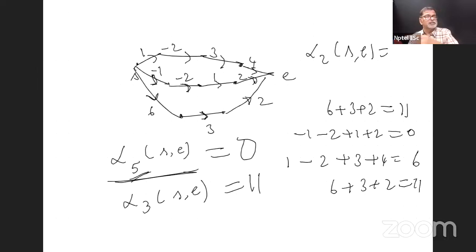Therefore, this is going to be set to infinity, because there is no path consisting of 2 edges or fewer. If there are several paths, you consider them and take the minimum. That is the definition of alpha.